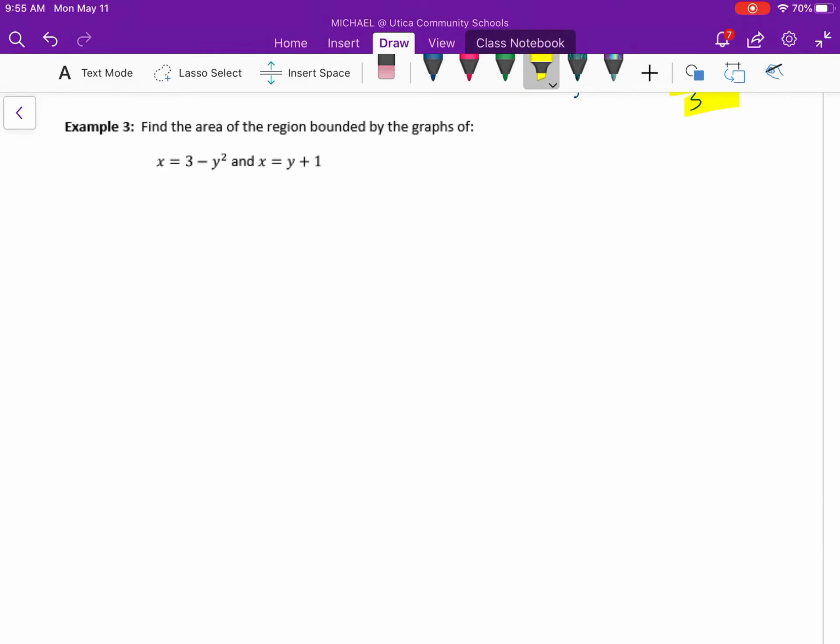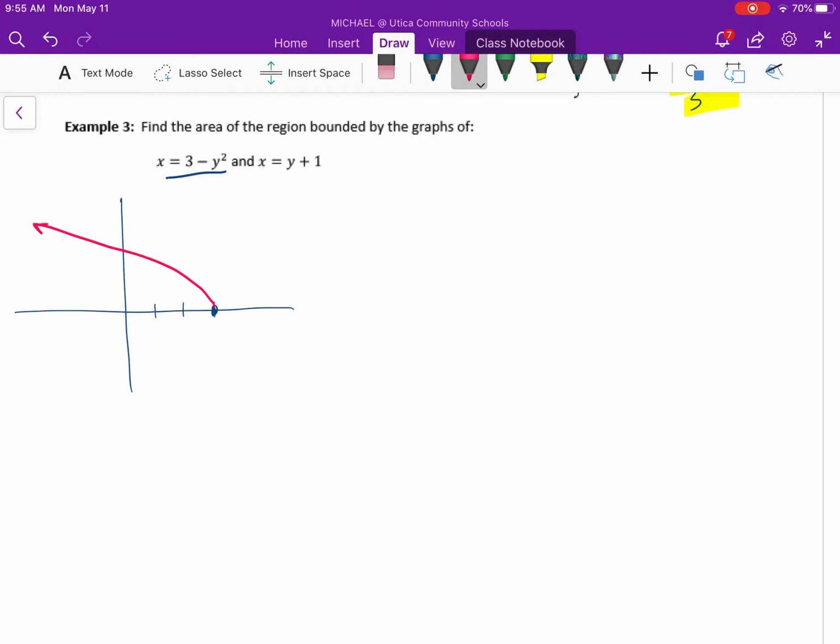All right, example 3. In example 3, this time we're going to find the area between two curves. So we're going to need to graph these. You're going to recognize that things graph very similarly. In this case, this is a negative parabola, so it opens to the left, and it's shifted to the right 3.